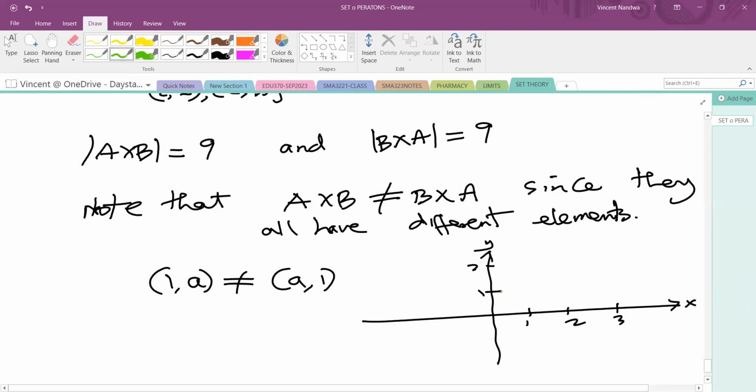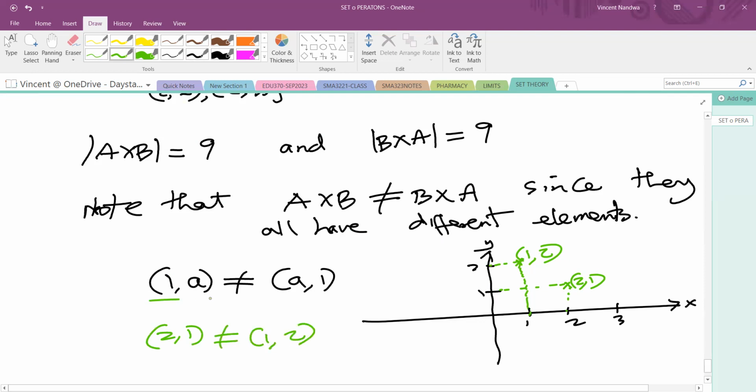So this point, for instance, is the point (2, 1). And then if I plot this other point, this is the point (1, 2). So you see (2, 1) is a different location from (1, 2).